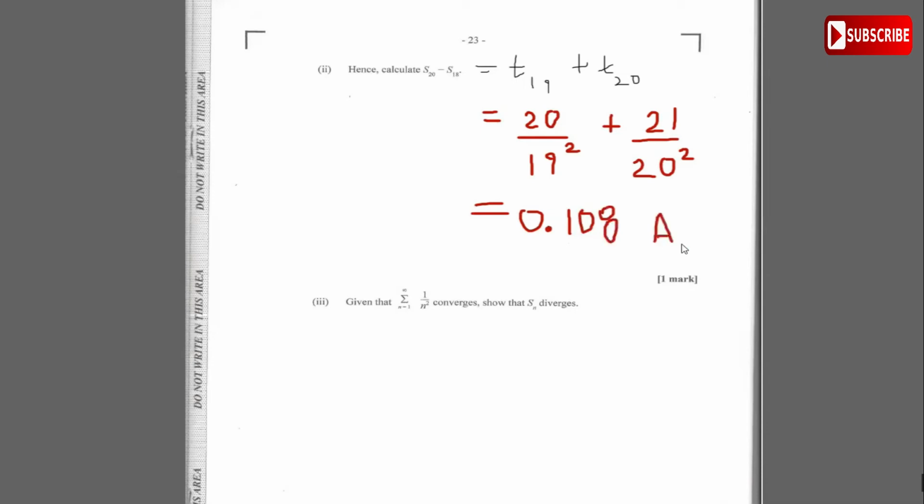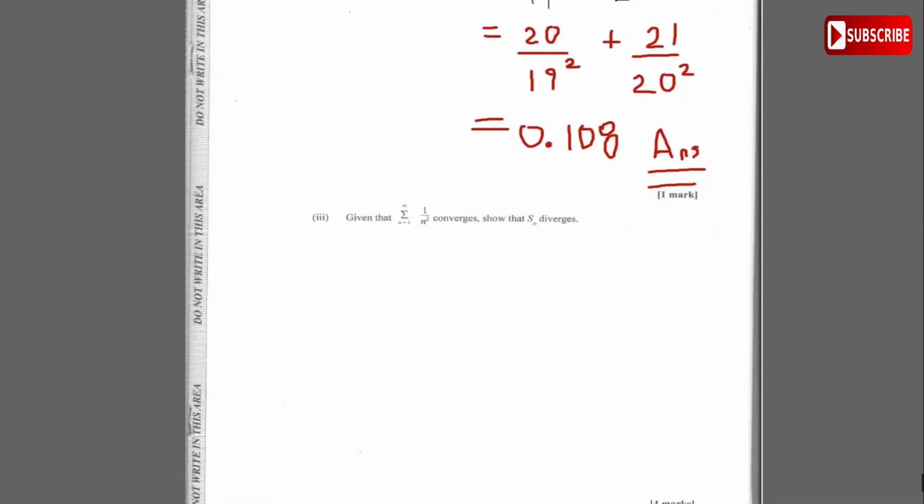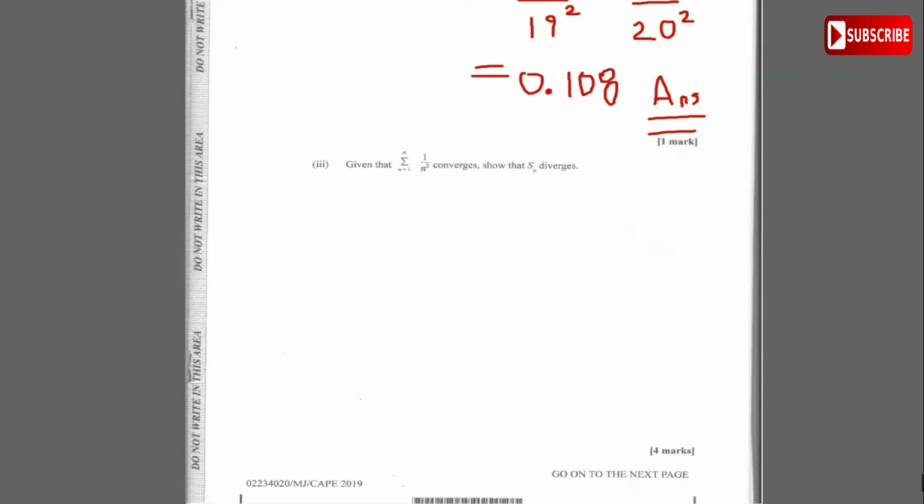That's that. Now it says, given that the sum from 1 to infinity of 1 over n squared converges, show that Sn diverges. To show that Sn diverges, there are 3 ways you can do this. Let's start by using the divergence test.